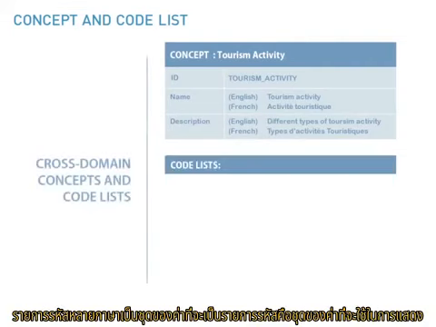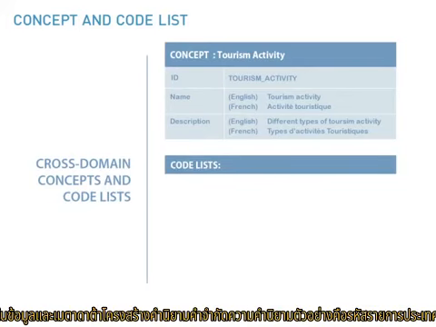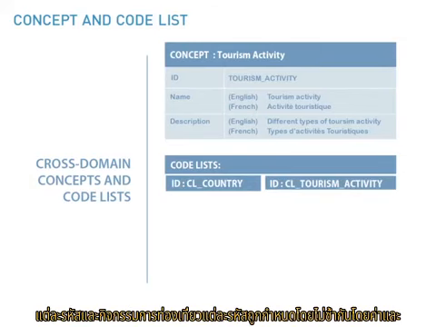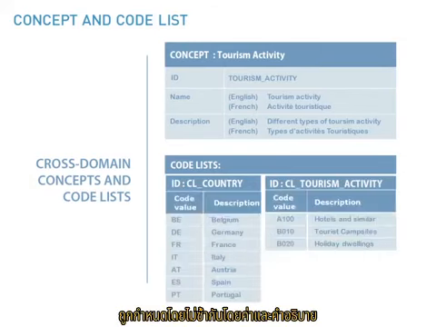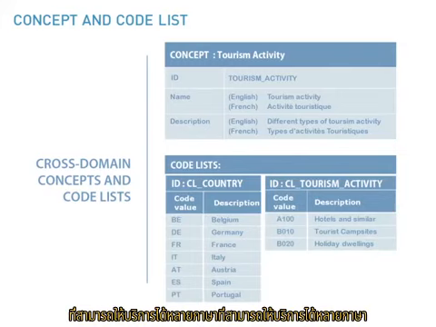A code list is a set of values to be used in the representation of a concept, dimension or attribute, in data and metadata structure definitions. Examples are the code lists country and tourism activity. Each code is defined uniquely by a value and a description that can be provided in several languages.